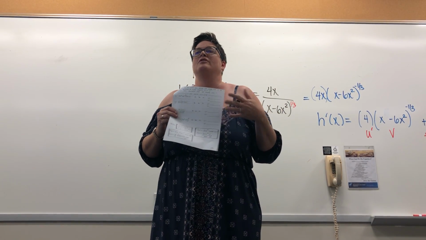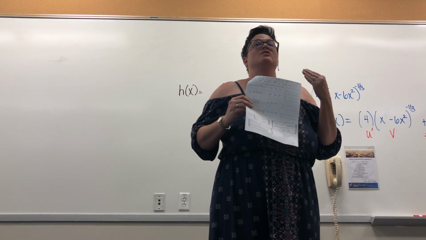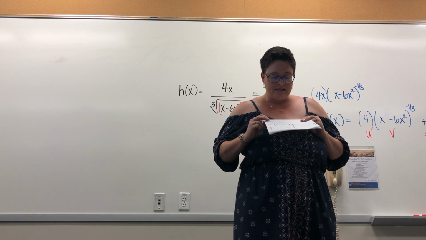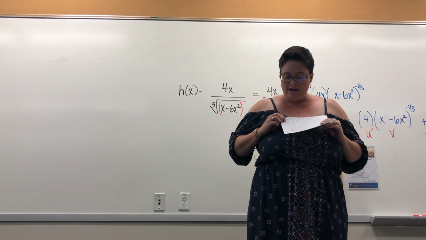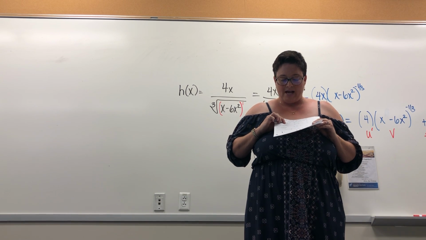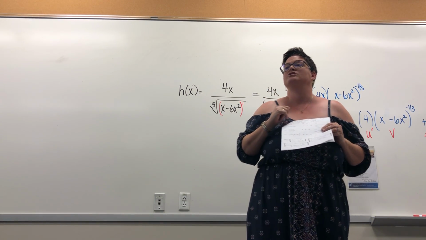So you have to tell me where your U and your V are, if they're global or local, and what your global function is, okay? On that second to last page, we have 4x to the 5th minus 3x squared all cubed times 3x plus 6. So globally, is that a product, power, or quotient?